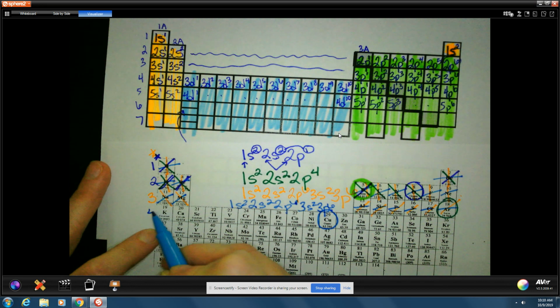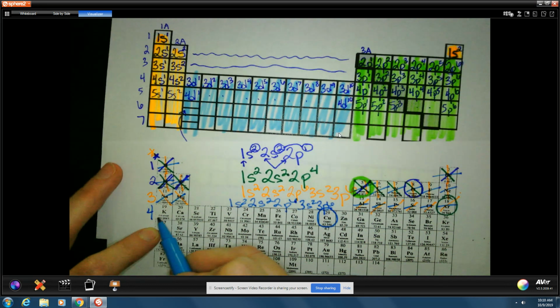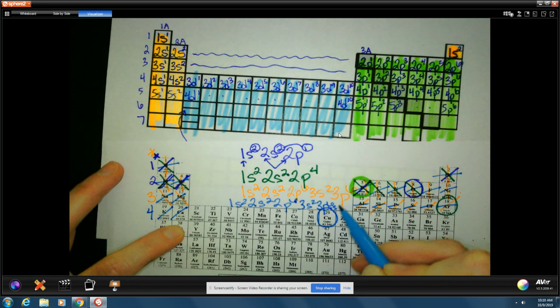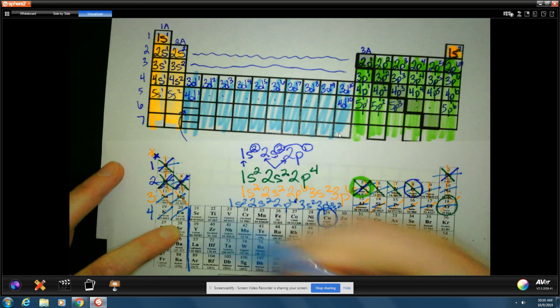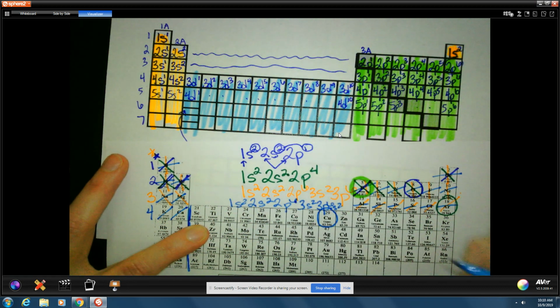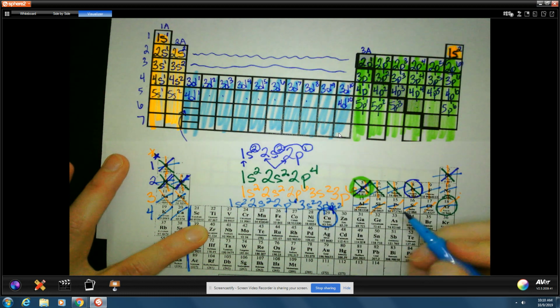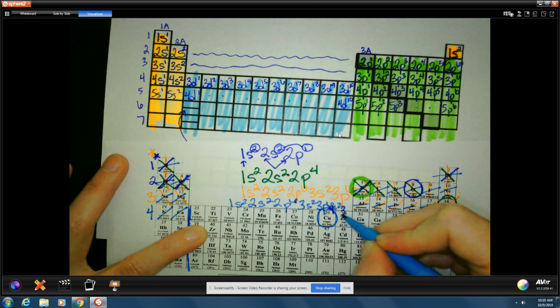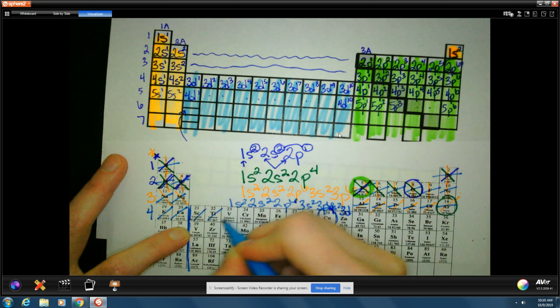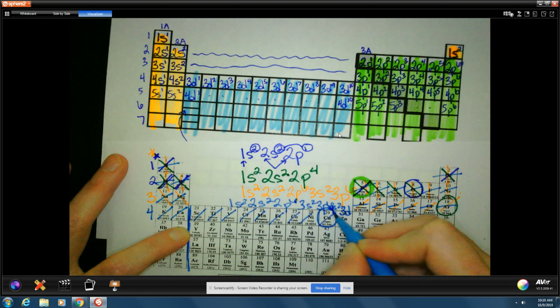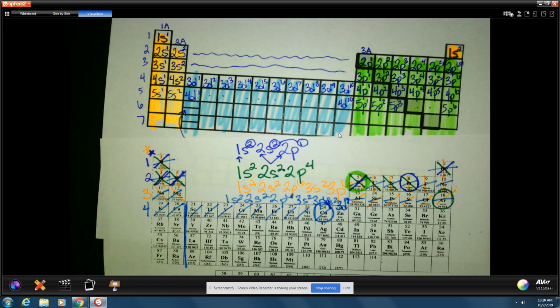But now, I'm going to the fourth energy level, so this is 4s2. You got to remember that right here is where it starts D, and D is special because, with D, it actually goes back 1, so it's 3d. 1, 2, 3, 4, 5, 6, 7, 8, 9. 9. So that's how you would write it if it's in the D block. You just have to remember to go back 1 energy level.